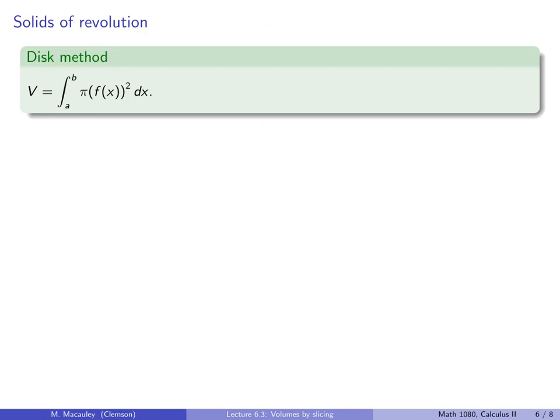So first of all, we have to talk about what a solid of revolution is. Let's suppose that we have a function that looks like this, and y is a function of x. Now let's revolve this function about the x-axis.